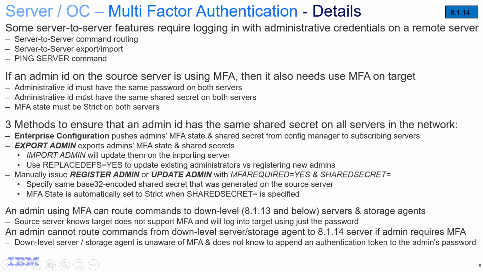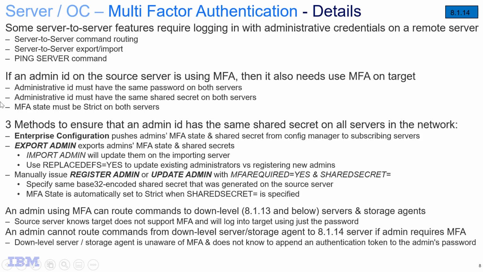So the administrative ID must have the same password on both servers, and this is when you would want to use that shared secret option so that both of those Spectrum Protect admin IDs have the same shared secret. And of course, MFA state has to be strict on both servers. If you're doing this manually, you have to turn on MFA on both of those servers.